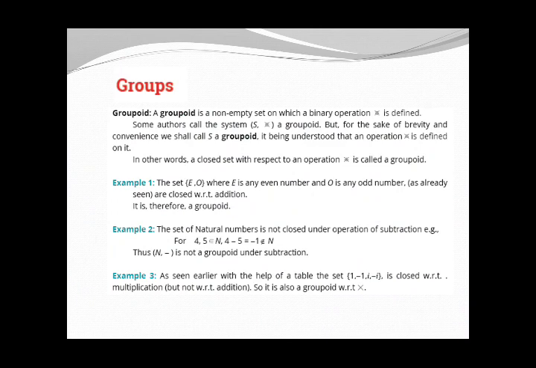We have example 1. We have there even and odd numbers. In the last exercise we have solved this. If we apply binary operation with addition on this set, then it's satisfied.